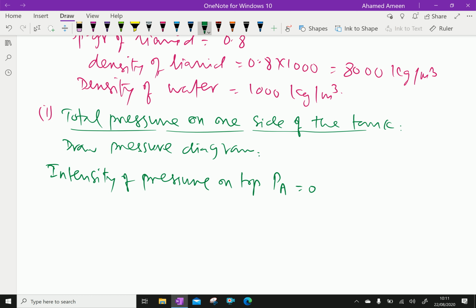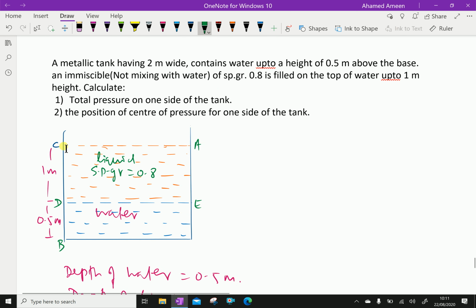Here there is no pressure due to liquid or water on this surface. So the point A, we can put here. This is point A.